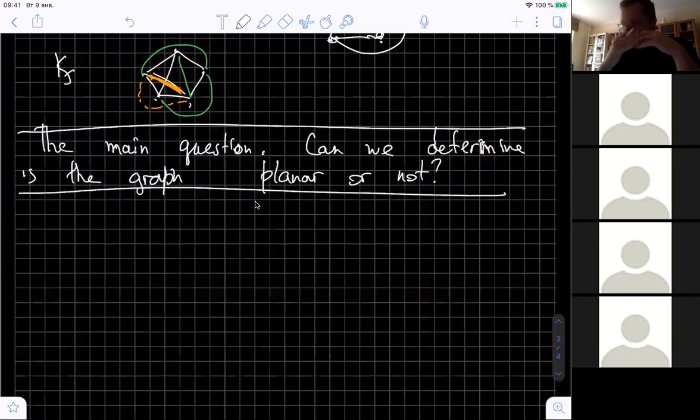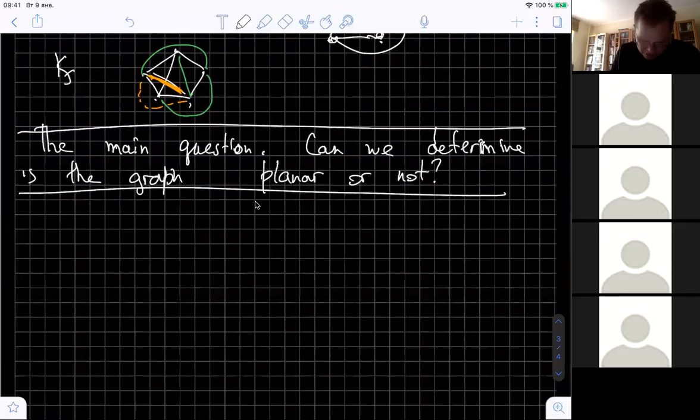Do we have some identity between them or some inequality that restricts us to planar graphs? We understand that we cannot have too many edges. If we have 10 vertices and 20 edges, maybe we cannot embed them into the plane because there are too many edges.